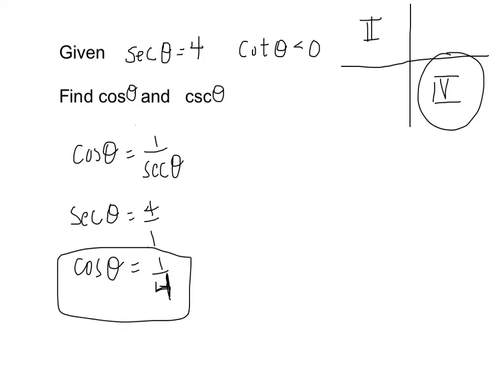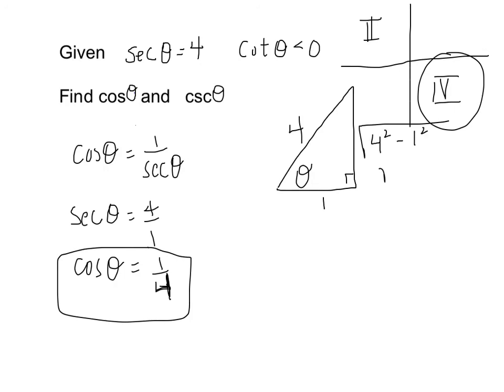We need cosecant. Well, we probably need a triangle because we need the third side. We know that the cosine is 1 over 4, so we need this side over here. And since it's a leg and not the hypotenuse, it's going to be 4 squared minus 1 squared, which is the square root of 15. All right, so cosecant is a reciprocal of sine.